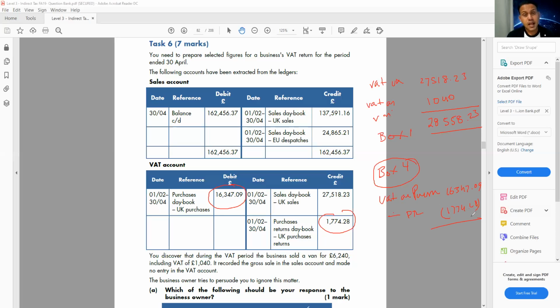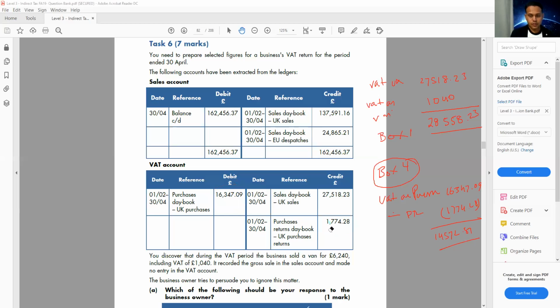If I return something, I cannot claim the VAT on that. This is not my input VAT. I have to minus it from my input VAT. So if I minus that, we get 14,572.81. All right, so this is also done.